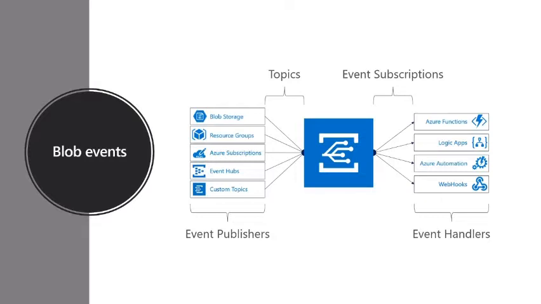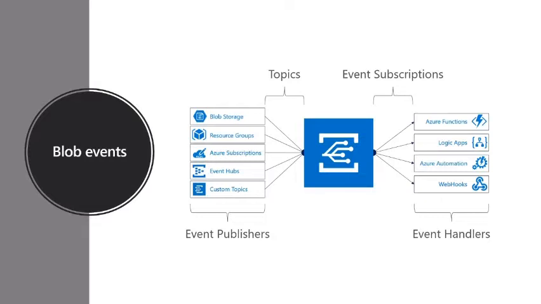So common blob storage event scenarios include image or video processing. Let's say you uploaded an image and you need to generate a thumbnail out of this image, or a smaller image to use in your website or wherever.